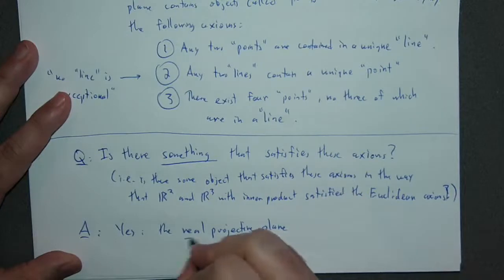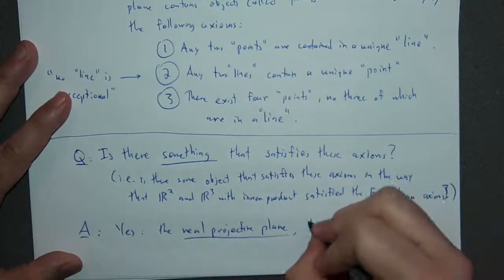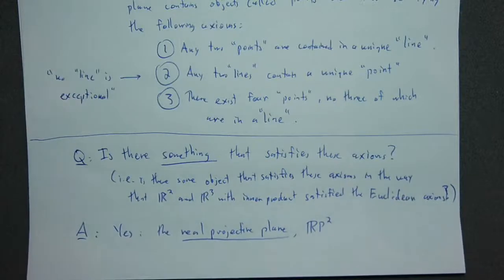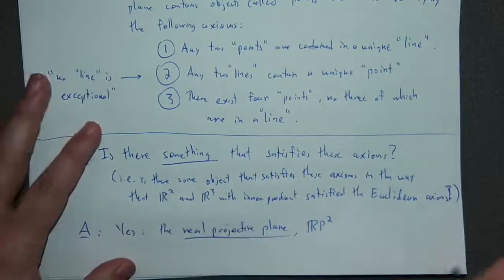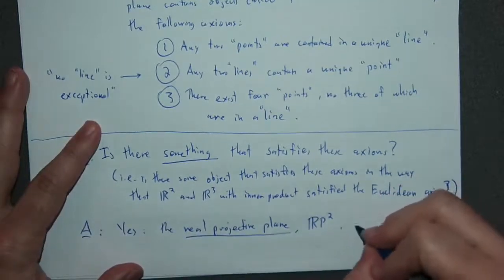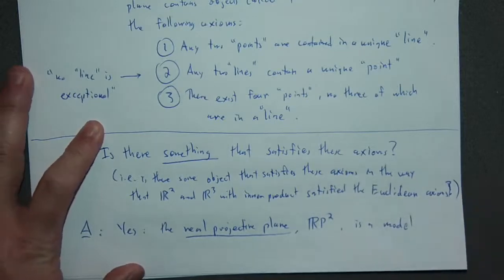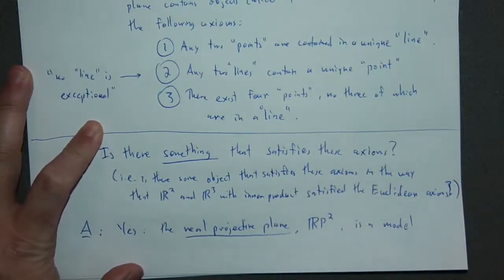The real projective plane, which we write as RP2, is a model. We've mentioned this word before. This is a model or interpretation of the axioms for a projective plane.